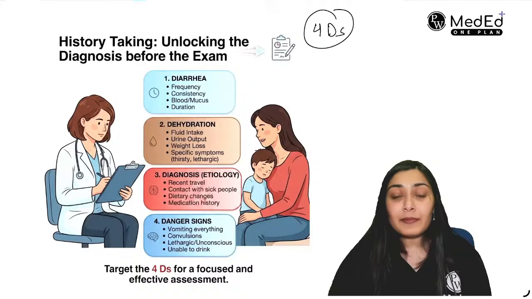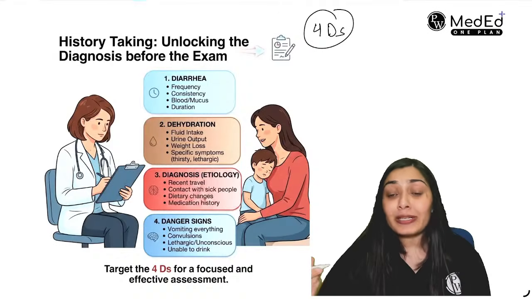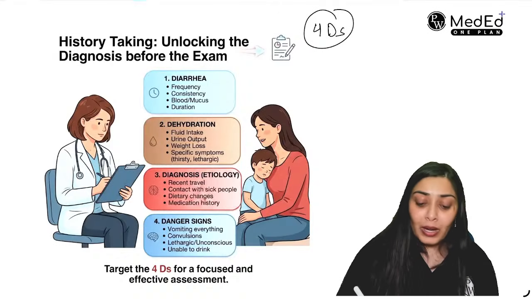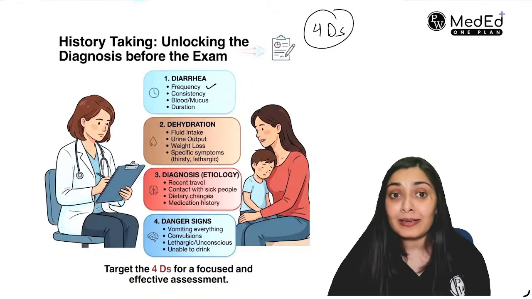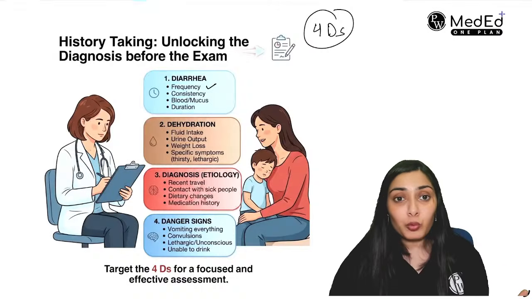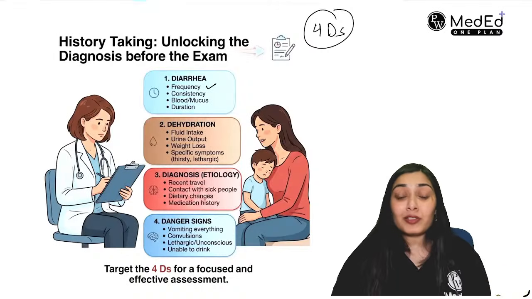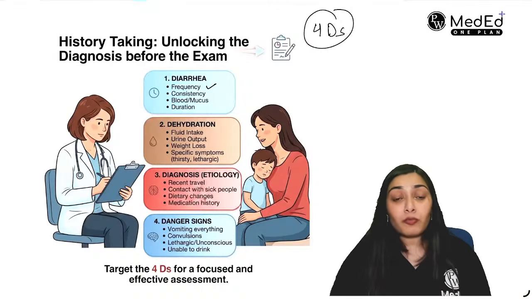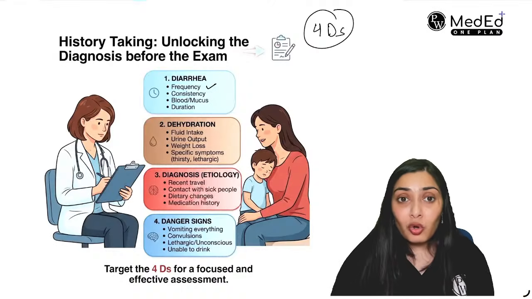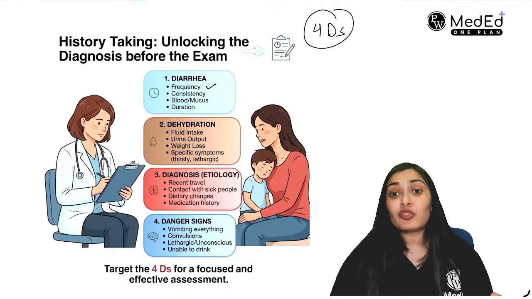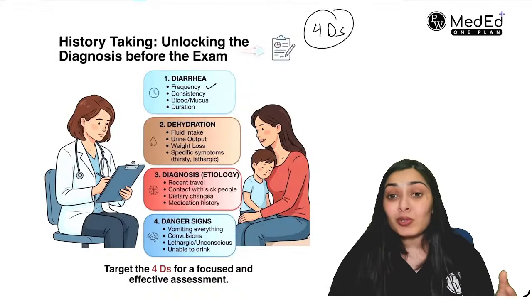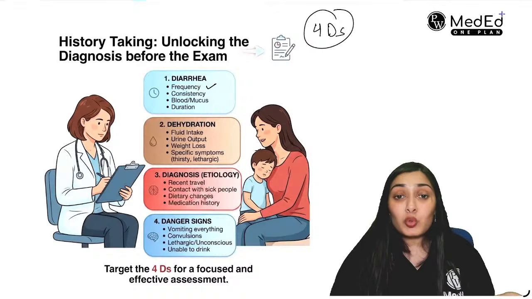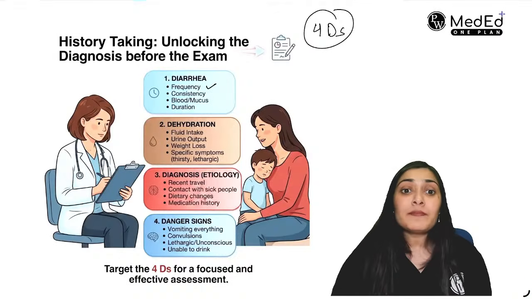The first D, take a history about the diarrhea. Firstly, you are going to ask about the frequency. How many loose stools did the child pass in a day and night both. Then the consistency, whether this is liquidy, watery, whether this is semi-solid, whether the child is actually passing thick stools, whether the child has fatty stools, whether this stool is floating or not, right?